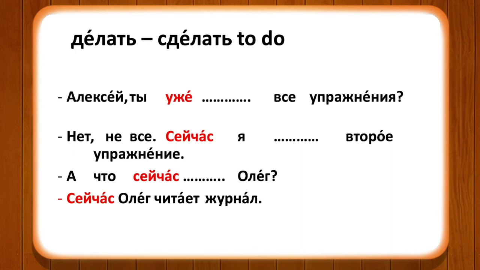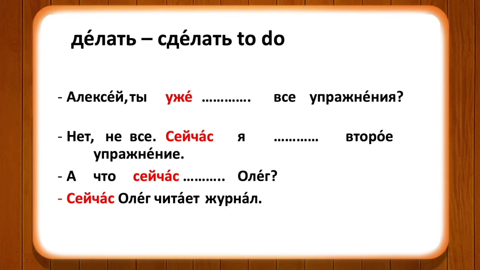Алексей, ты уже dash все упражнения? Now here the hint for the verb that you will be using is уже and все. Уже indicates already, все means all. So Алексей, have you already done all the exercises? For this you will be using the verb of perfective aspect, сделать, which you will be conjugating according to the pronoun ты.